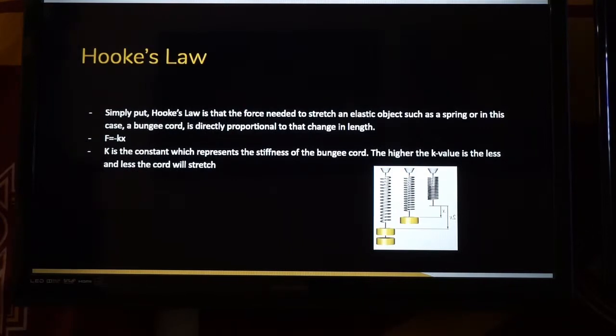The proportionality constant is known as the spring constant, or K. The higher the K value, the harder it is to stretch the spring, or the bungee cord. So for anybody trying to get a bungee cord, don't get one with a K value too high for somebody that's too light, because then they could just be jumping on a rope, and that would not be good.